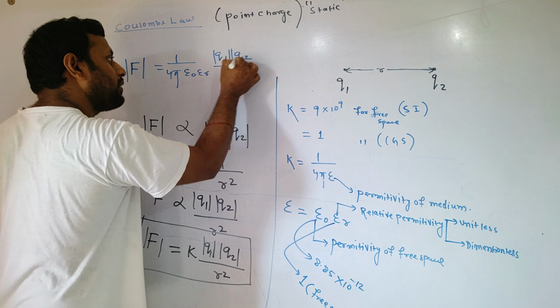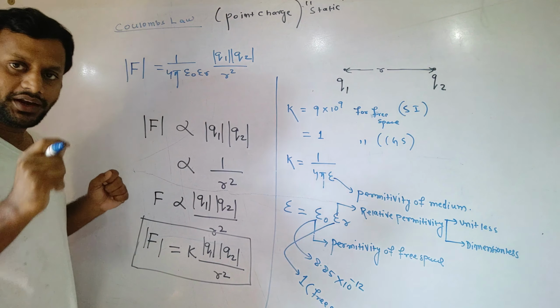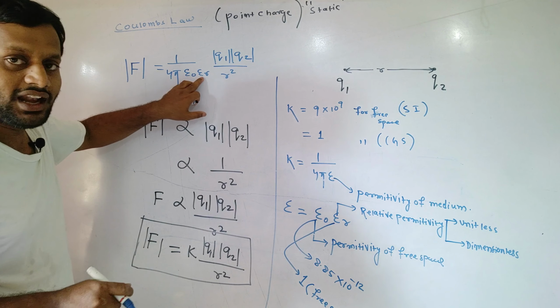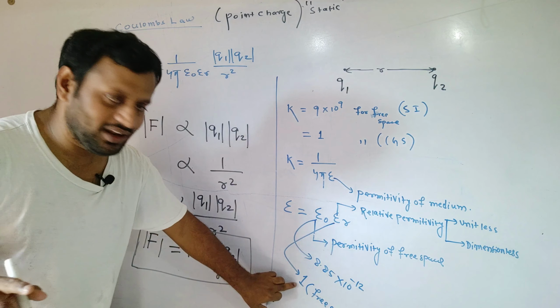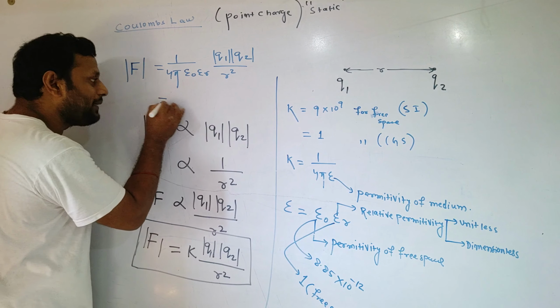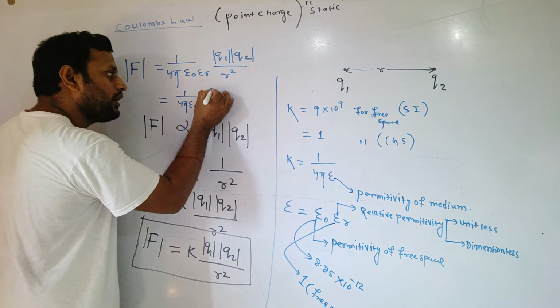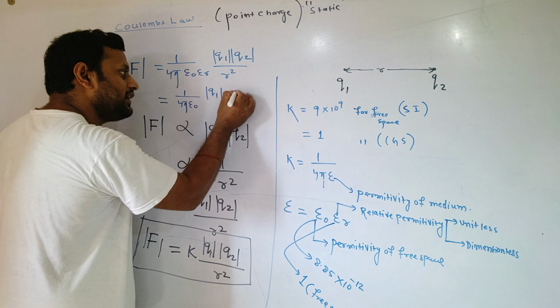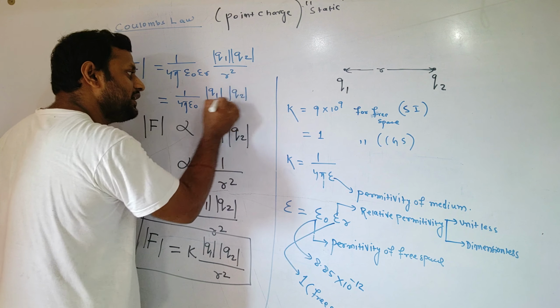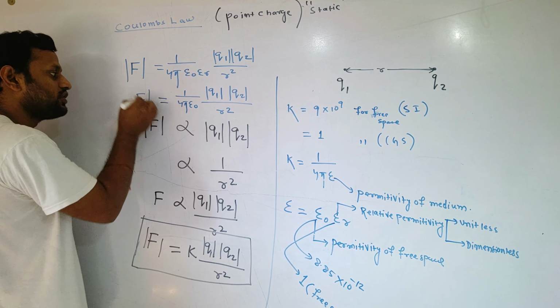I can take the mod of q1 and q2, but I am talking about free space. In free space, the relative permittivity is equal to 1, so my Coulomb's law formula becomes 1 by 4 pi epsilon 0 into mod q1 into mod q2 divided by r square. That is the magnitude of force.